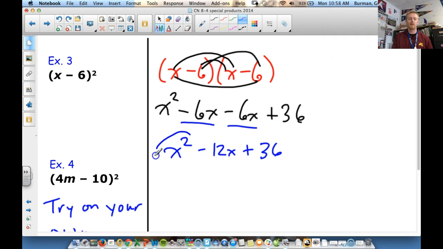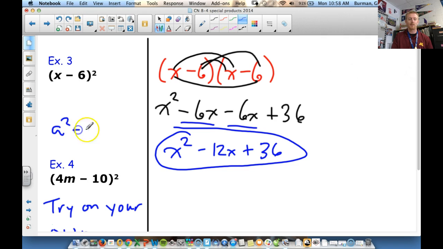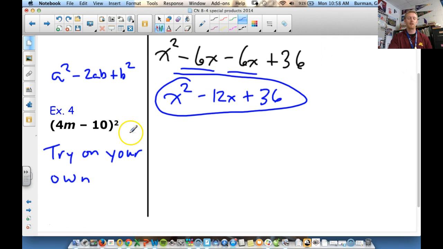So again, this is still a perfect square trinomial because it falls into that category of a squared minus 2ab plus b squared. And that's something that we need to be able to understand for us to make things go a little bit quicker, because again, math is patterns and we want to follow those patterns. So you'll try this one on your own as well.